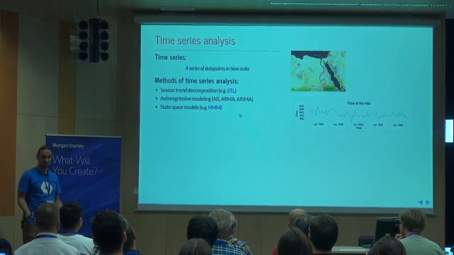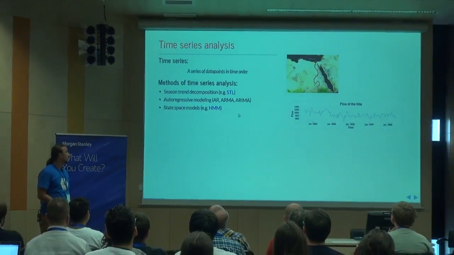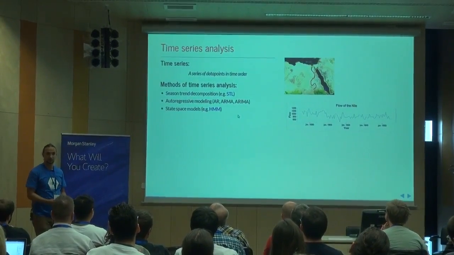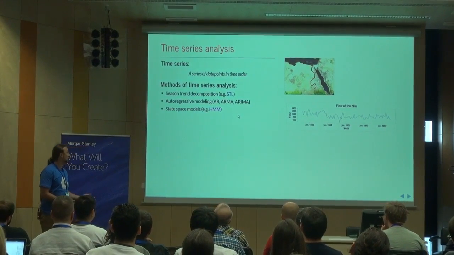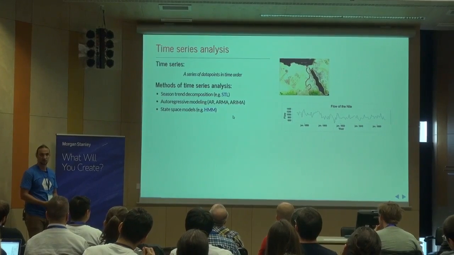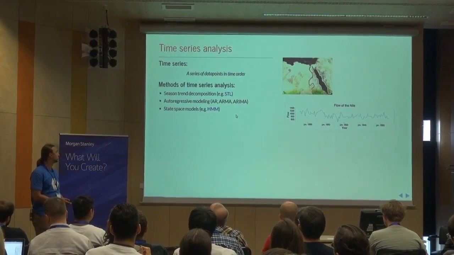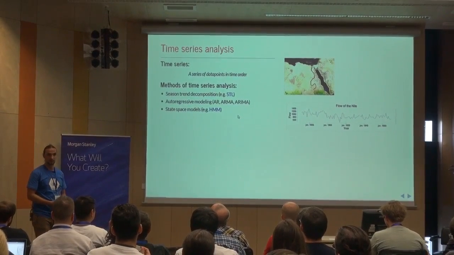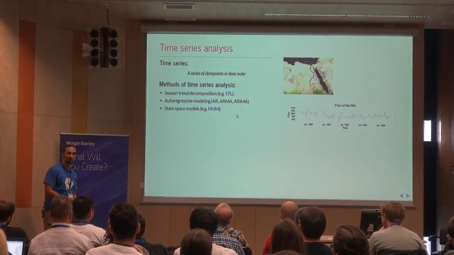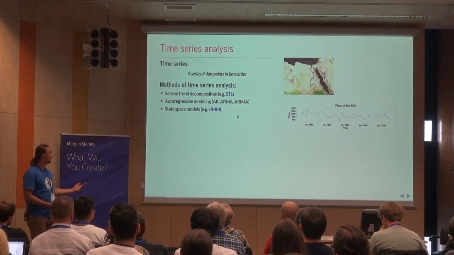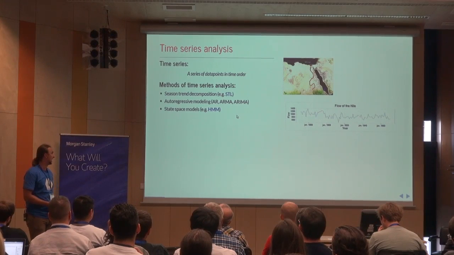Time series in a nutshell: a series of data points in time order. There are several different methods for unsupervised learning of time series: seasonal trend decompositions like loess decomposition, autoregressive modeling that's very familiar to people in econometrics, and state-space models, and I'm going to talk about them.